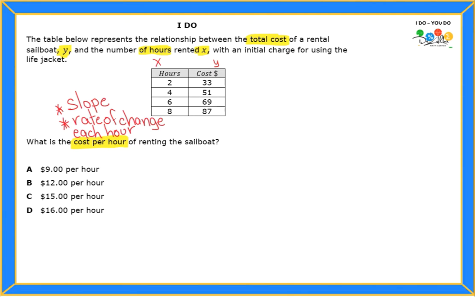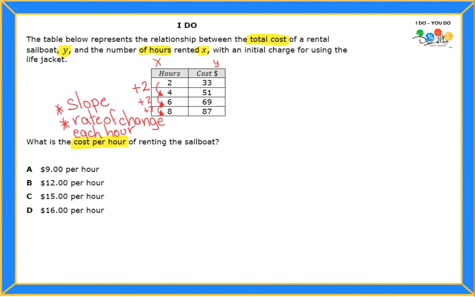So if they're increasing, that means I am going to need to add a number to reach the next one. So 2 plus 2 gives me a 4. 4 plus 2, I do get a 6. And 6 plus 2, yep, I do get an 8. So I do see the rate of change for X as a 2.